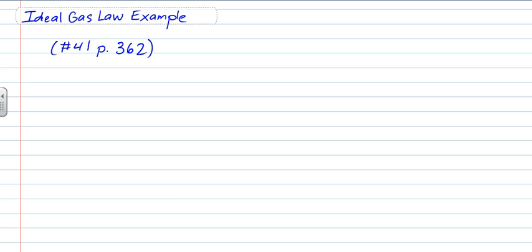In this video we're going to take a look at an example problem for using the ideal gas law. So this is number 41 on page 362, and it says that we have a steel belted radial tire that's inflated to a gauge pressure of 30.0 pounds per square inch.